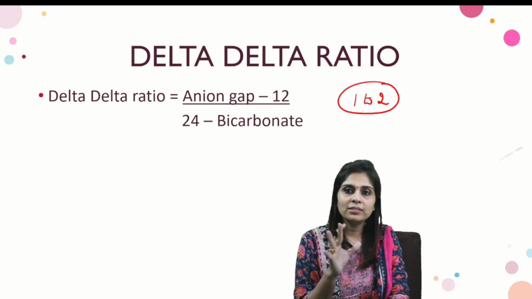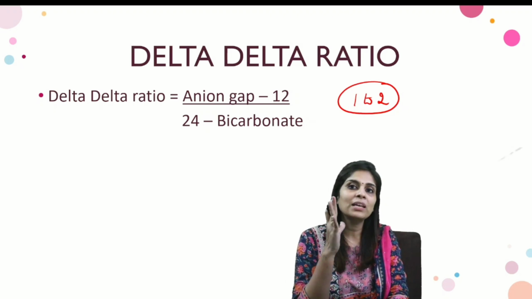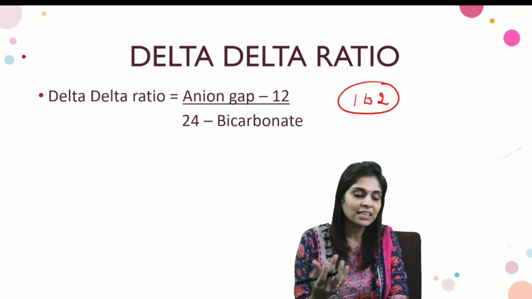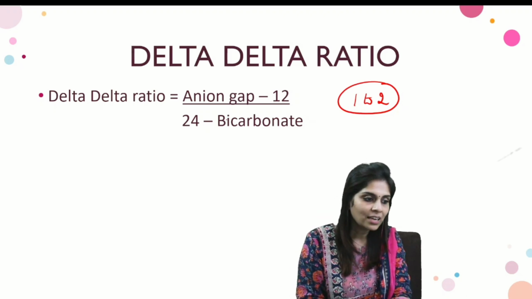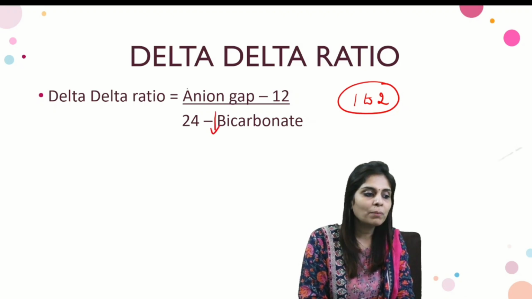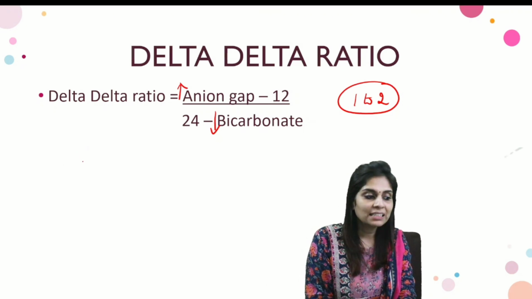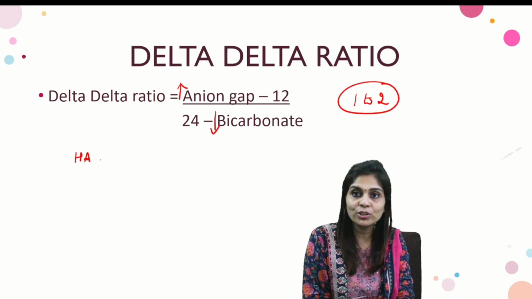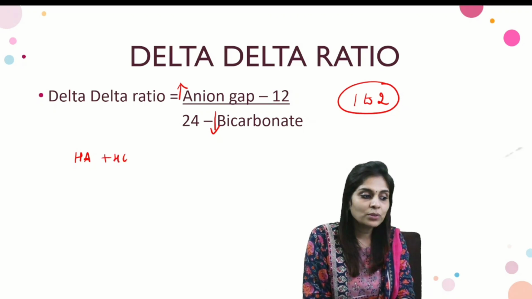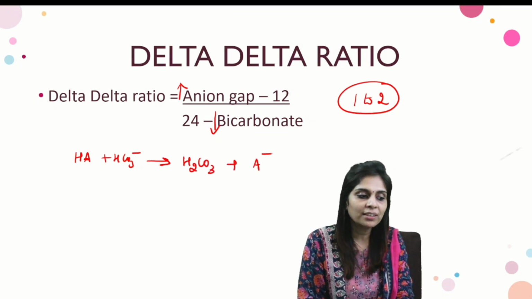So what does this mean? Why do I say if it's increased anion gap metabolic acidosis, it will be only between 1 and 2? It is because if it's increased anion gap metabolic acidosis, in this case, reduction in bicarbonate will be compensated by an increase in anion gap. Because I said in increased anion gap metabolic acidosis, the acid that is produced, which is HA, reacts with bicarbonate, using bicarbonate and generating equimolar unmeasured anion.